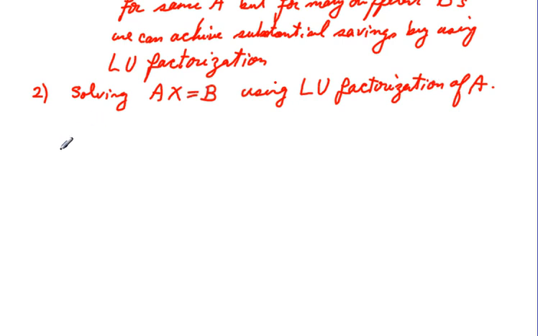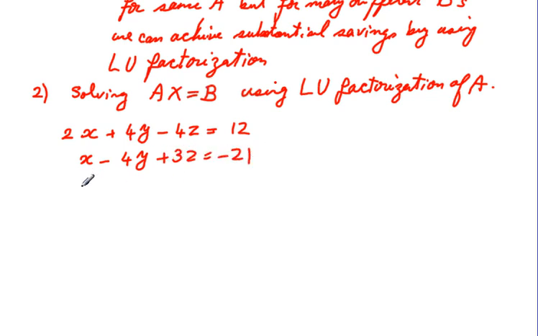Here A is given to us. So let me write it like this: 2x plus 4y minus 4z is equal to 12. X minus 4y plus 3z is equal to minus 21. And then minus 6x minus 9y plus 10z is equal to minus 24.